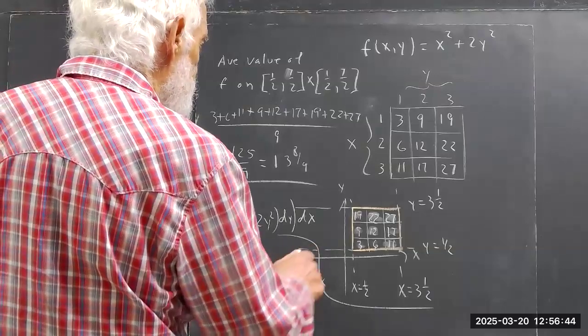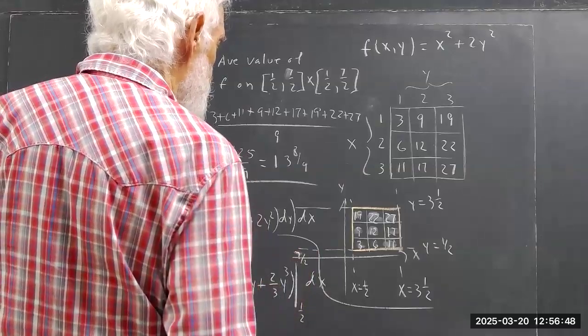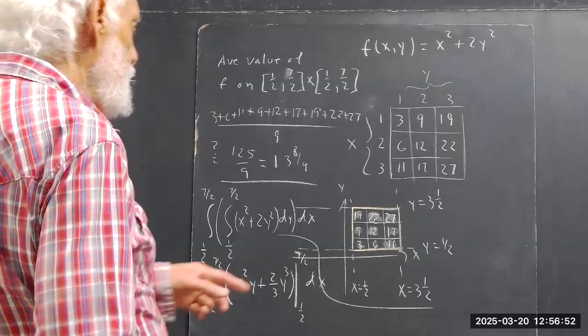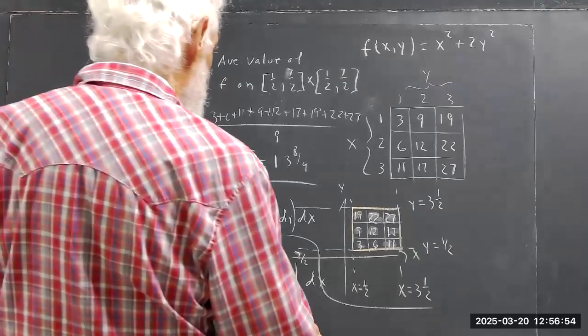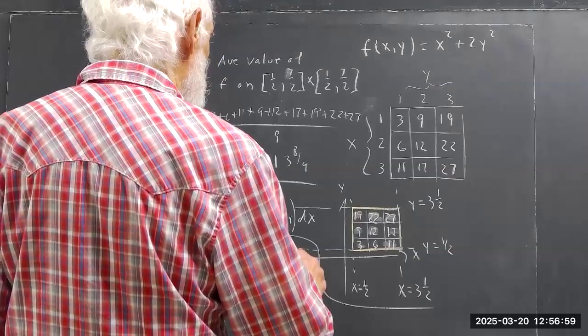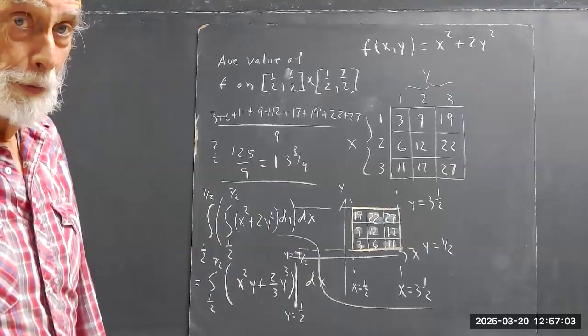Now this is between the limits 1/2 and 7/2. You might want to say between y equals 1/2 and y equals 7/2, so you don't get confused about what to substitute for the numbers, right?